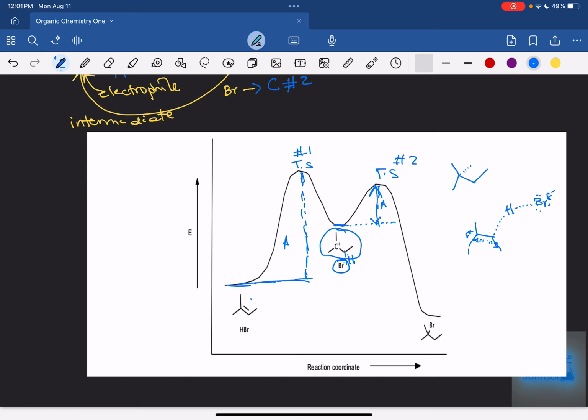So that would be your Br and your carbon making a bond, right? Partial bond formation. But look at the end of the reaction. You completely now have your product, right? There's no transition state here. I have completely made the bond between the bromine and the carbon. So something to remember in energy profile diagrams: your transition states are generally at the highest point on the graph, right? These humps are generally a transition state. Your dips, which we call valleys, are where your intermediates are.